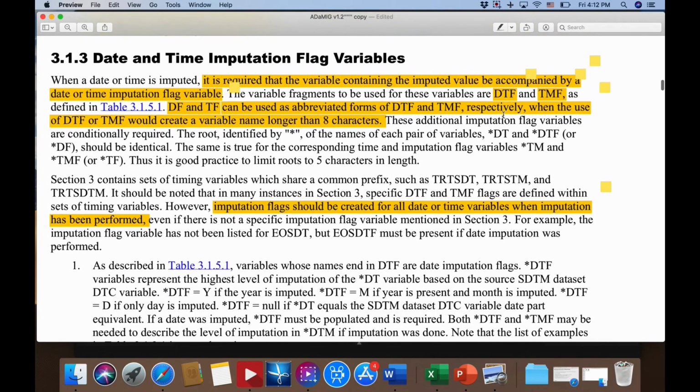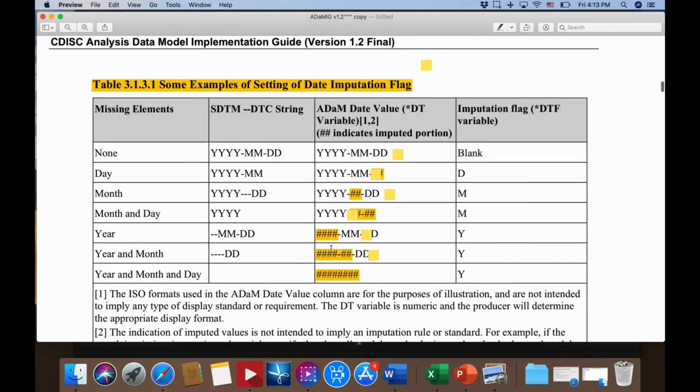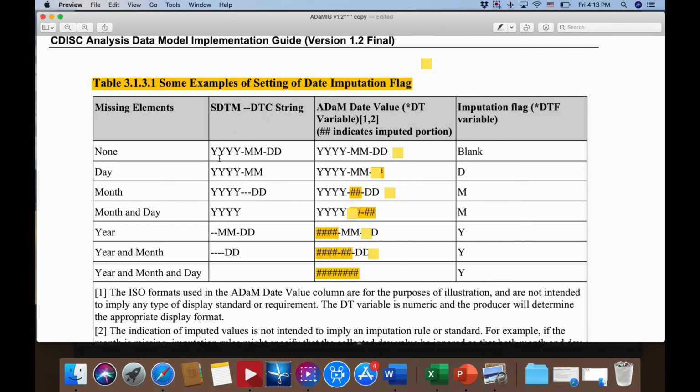Okay. So about date/time imputation flag variables. These variables, DTF and TMF, are the imputation flag variables. So whenever there's an imputation, those variables need to be there. In this table, we show you the imputations.